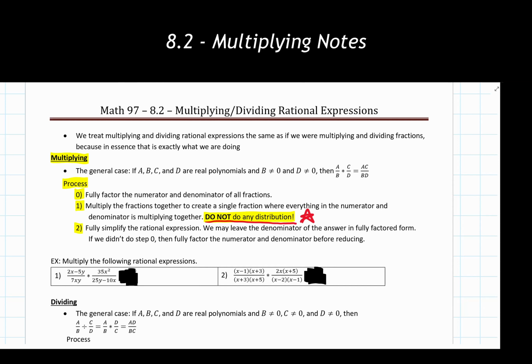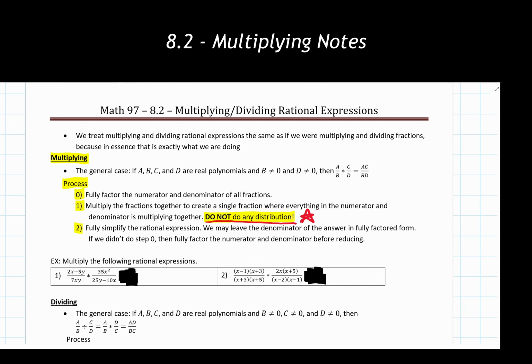So when we do this, we can leave the denominator of our answers fully factored. A lot of problems in books and resources will sometimes show them, I think it's about 50-50. Sometimes it's fully factored for the denominator, sometimes it's everything multiplied out. For the purposes of this class, you can leave the denominator fully factored.